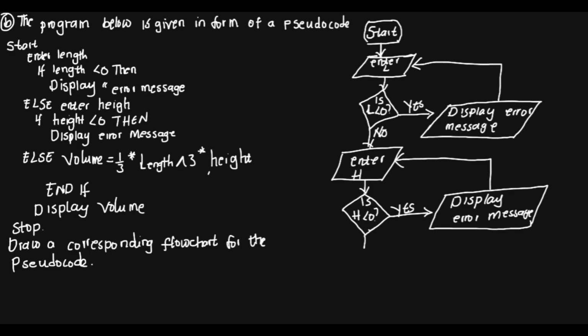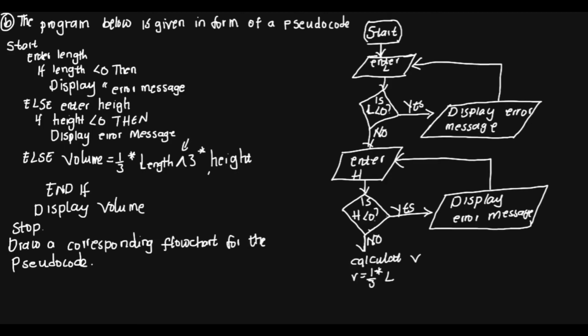Now let's say we said no. So if we say no, we are assuming that our height is positive and our length is positive. Now we can go to do the calculation. So we can say calculate volume. So volume is equal to 1/3 times the length.